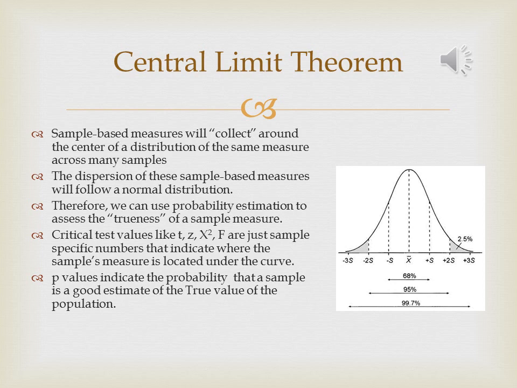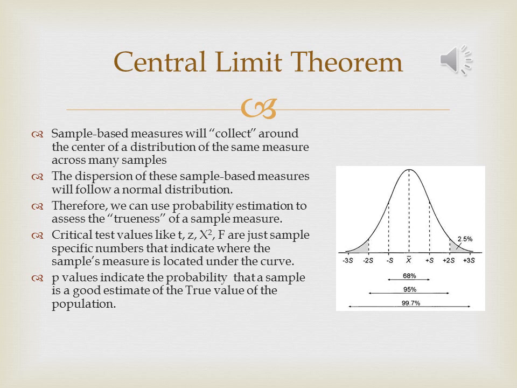So underneath this curve, you can imagine that there are all of these different sample measures, whether they're sample measures that are the means gathered from the sample, or maybe it's a proportion gathered from the sample. So underneath here are a whole bunch of potential sample measures. So central limit theorem says they're going to collect around the true mean or the true proportion of the population.